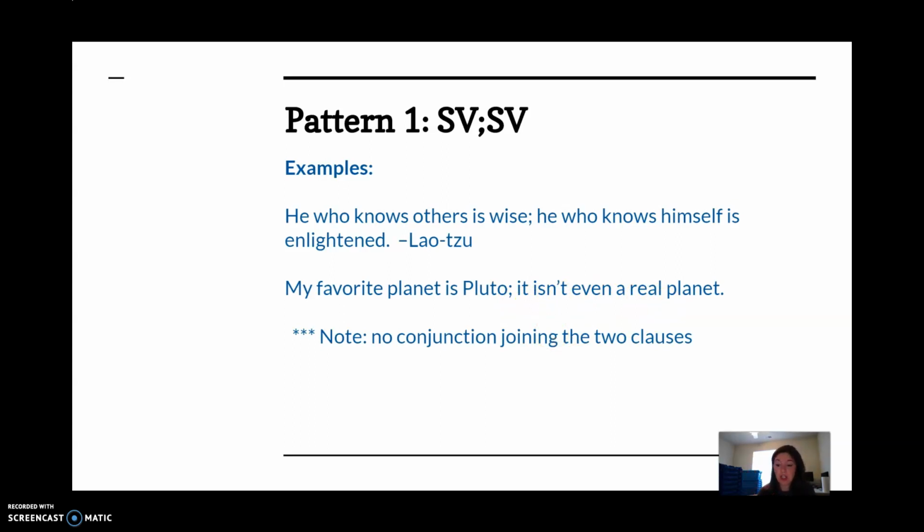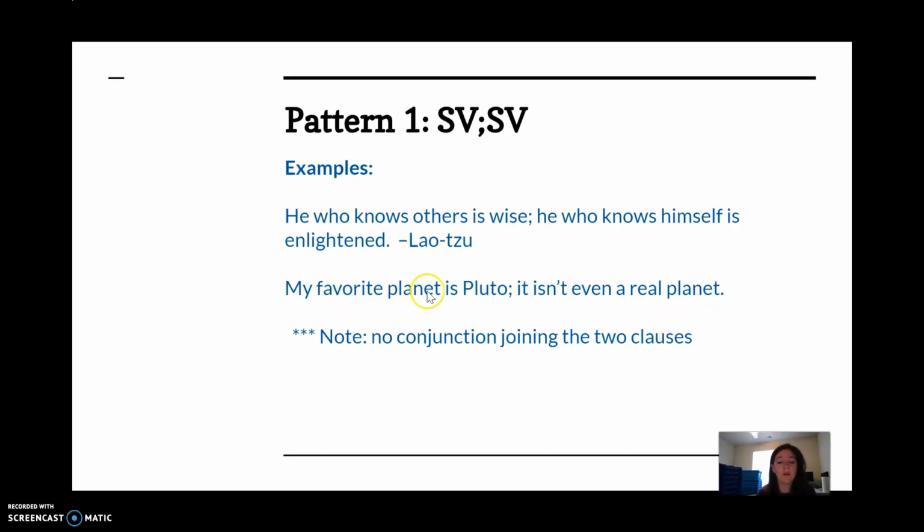Remember, conjunctions are FANBOYS: for, and, nor, but, or, yet, and so. The reason you wouldn't do that is that a semicolon equals a comma and a conjunction. So you could write, my favorite planet is Pluto, comma, and it isn't even really a planet.